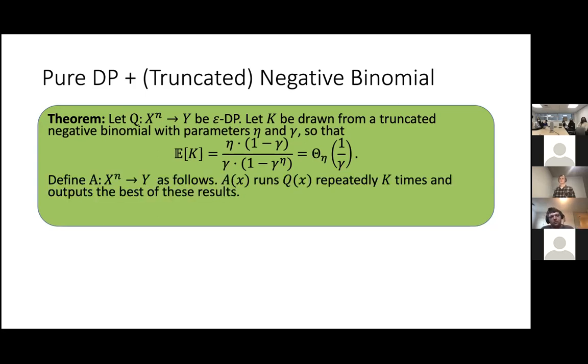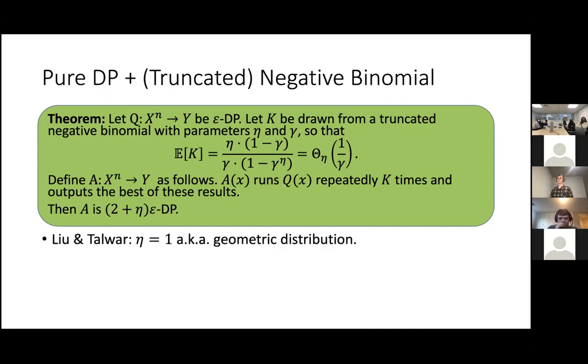Okay, so we have the algorithm A, which runs the base algorithm Q repeatedly, K times where K is random, and outputs the best. So this is going to be 2 plus eta epsilon differentially private. So you can see this parameter eta controls how much I pay as a multiplicative factor in the privacy.